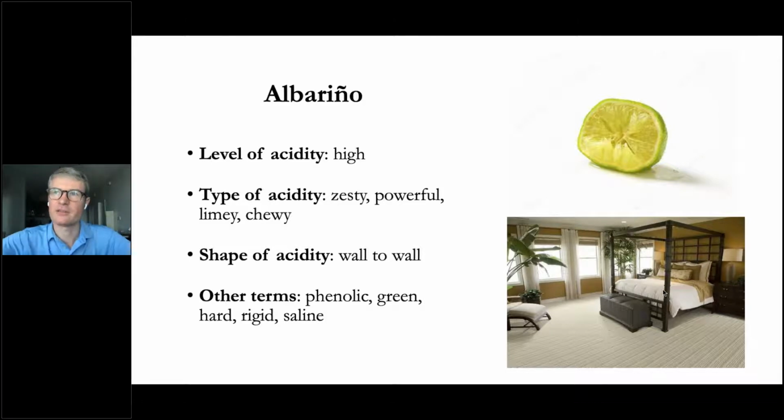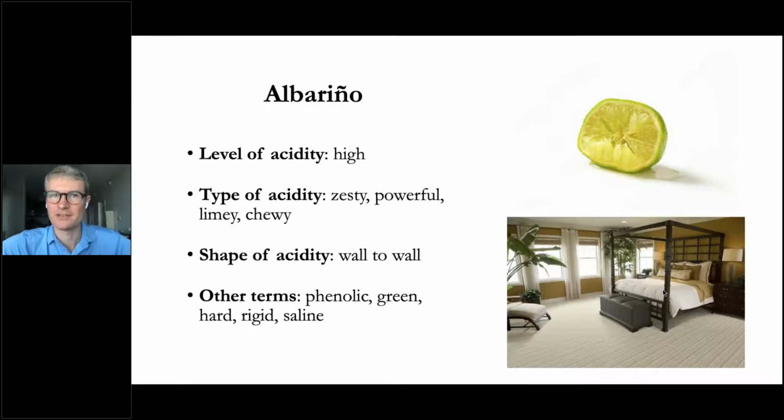So another aspect that the phenolics can play isn't just structuring a wine, but also giving the wine a sense of attack. So you've got acidity, obviously, which gives freshness, brightness. You've got phenolics, which give attack or bite. And then the third thing in Albariño, just to layer it on, is the salinity.